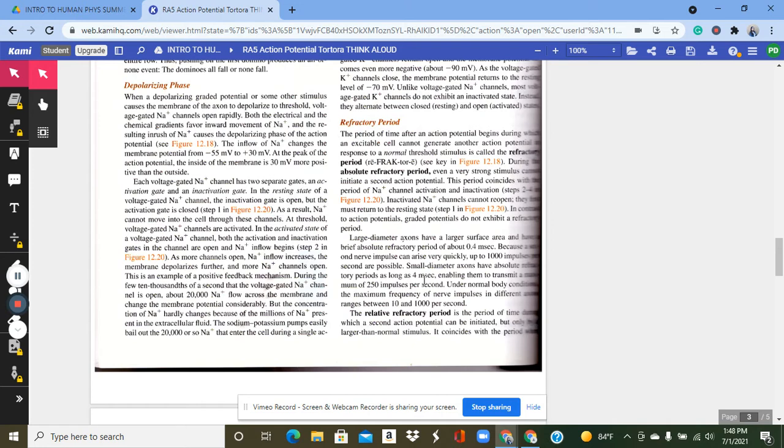So, as I mentioned before, the absolute refractory period is basically the interval of time during which a cell is incapable of repeating an action potential, so a second action potential cannot be initiated, no matter how large a stimulus is repeatedly applied.